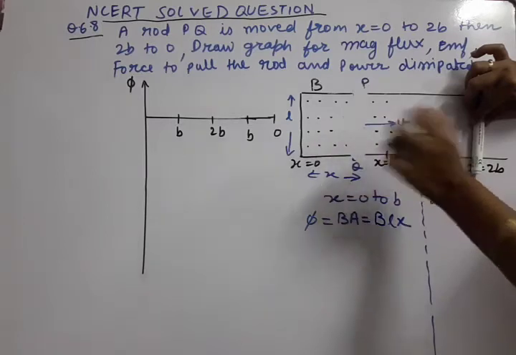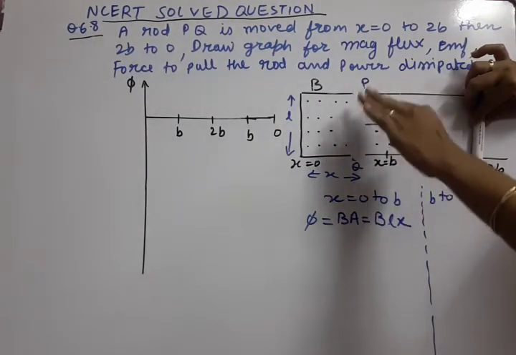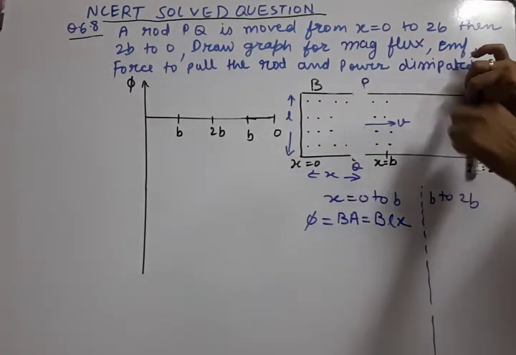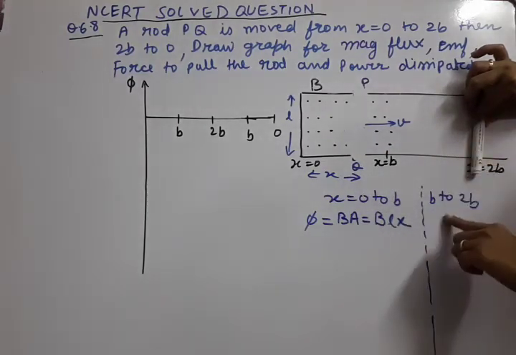Now how to calculate these field lines? The field lines are present only in the half portion. So if we take the whole area of this closed loop, we have to divide it by 2 for calculating the flux.